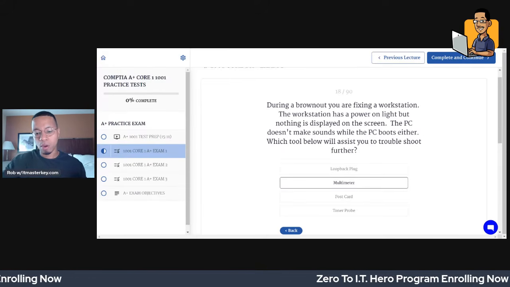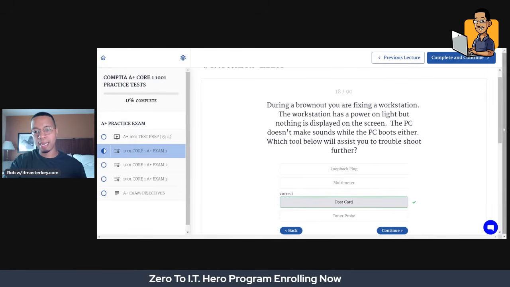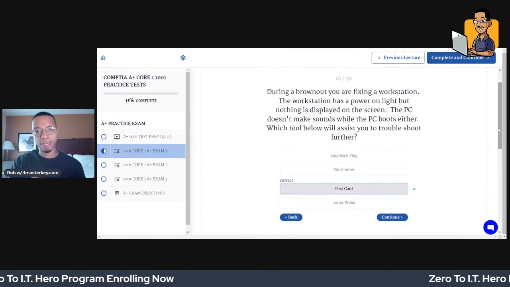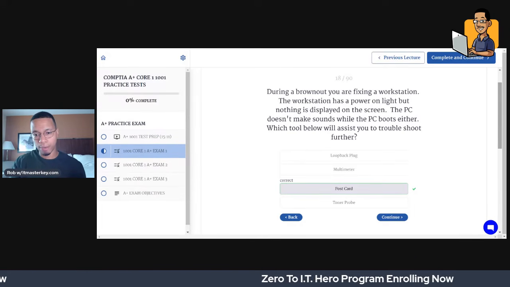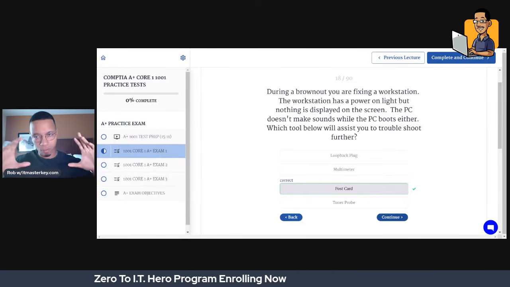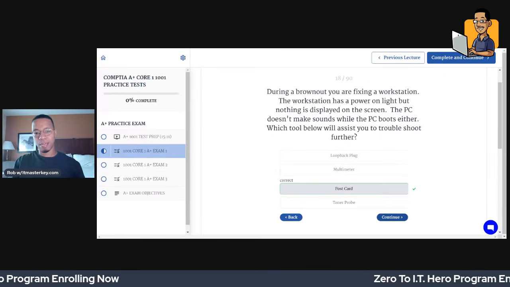So you can use something called a POST card, which will indicate if there are any issues with the device while it's starting up, okay? And it's a device, it's not actual like a postcard that you get from the post office. It's an actual device, okay?